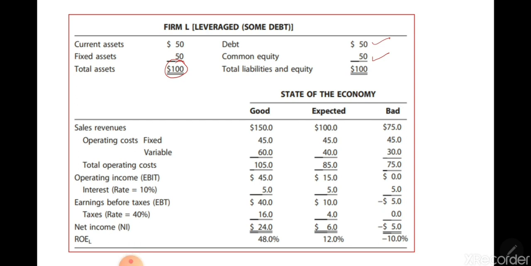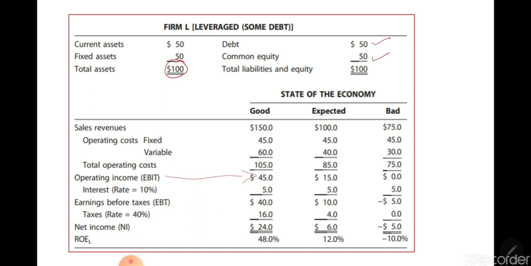Now your sales are not going to be affected by the way you raise your capital. So till EBIT you can see that the income statement is the same. In case of a good state of economy, the EBIT will be 45, in expected it will be 15, and in bad it will be 0.